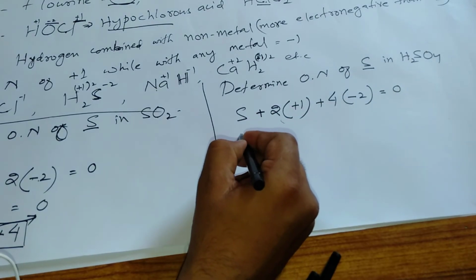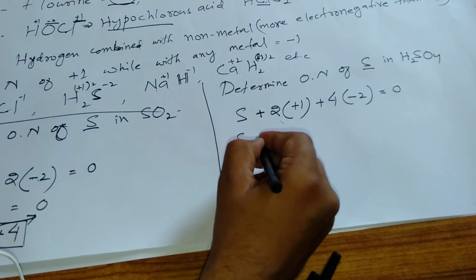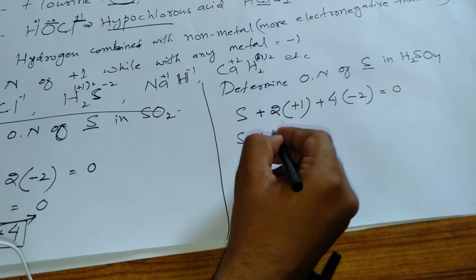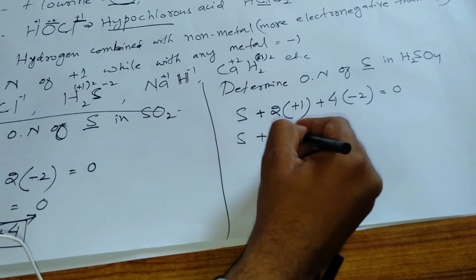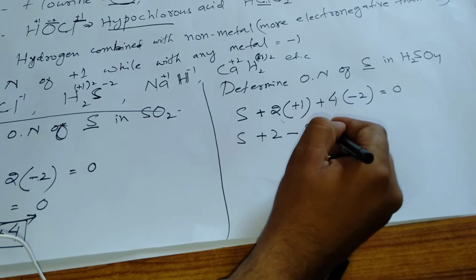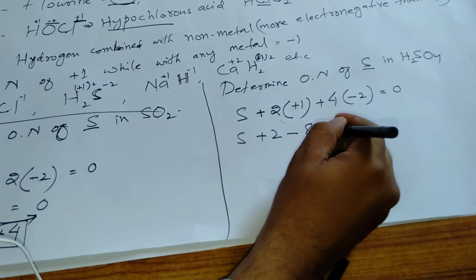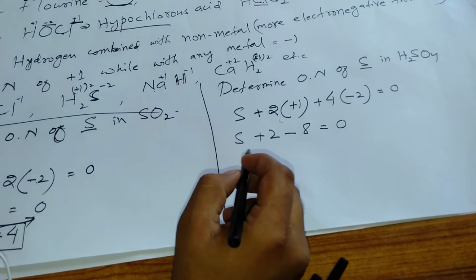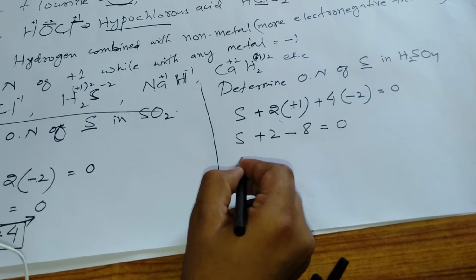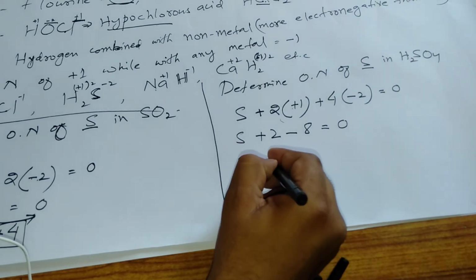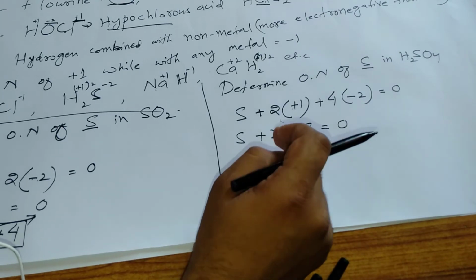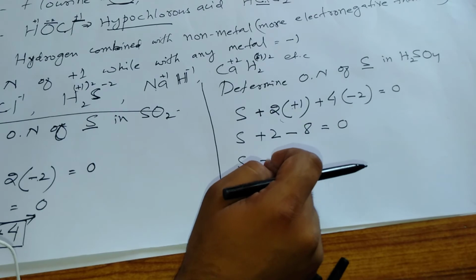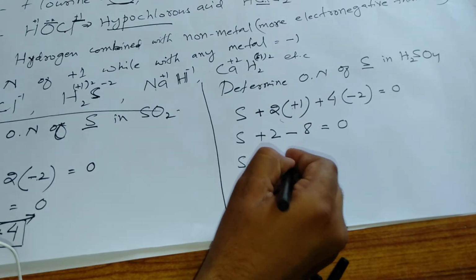I will solve further. Plus into plus, it will be +2 on the 2. Here plus into minus, it will be -4 times 2, which is -8, and 0. +2 and -8, it will be -6 because as we add these two numbers, +2 and -8, it will be -6 equal to 0.